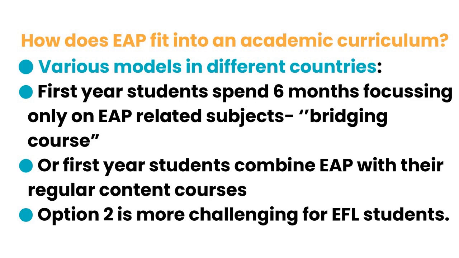This might be combined with first year regular content courses. So then they go on after they've had time to practice and hone their skills in English. They go on to study more specific language for their chosen field, for whatever that might be. So it could be in the sciences or humanities, for example, or in business or economics or maths, for example.